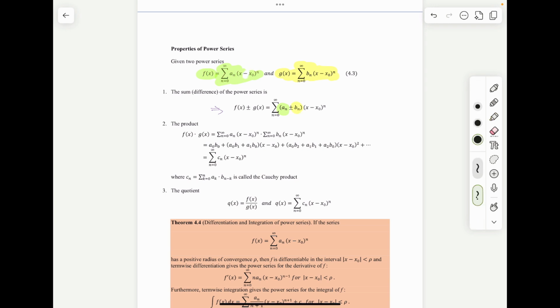But before that, I want you to recognize between these two power series that we name as functions, this part should be the same in order for us to apply the properties of power series. Then we can apply the sum or difference of the power series as this one. So for the sum or for the difference, you can write between these two series like this one.